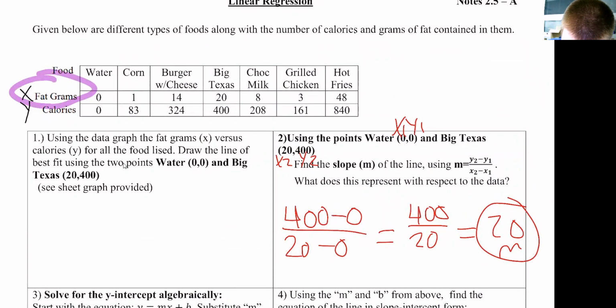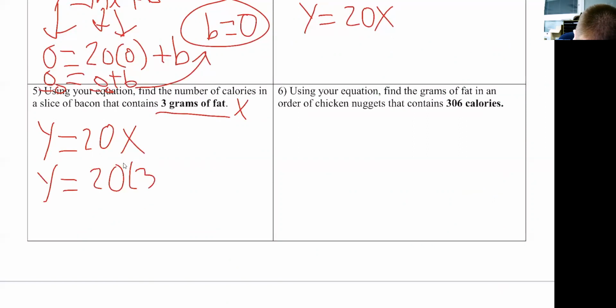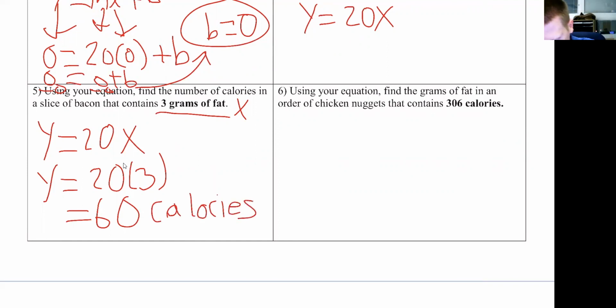So we're going to use the equation we just came up with, y equals 20x, and plug in 3 for x, because this is an x value. So y equals 20 times 3. That would be 60. If you remember, y is the number of calories. So you would expect there to be about 60 calories in this slice of bacon.